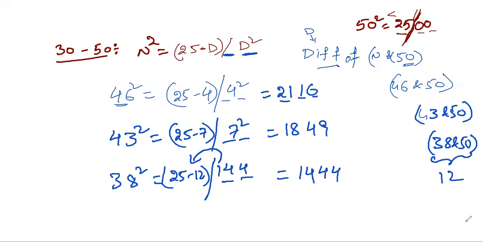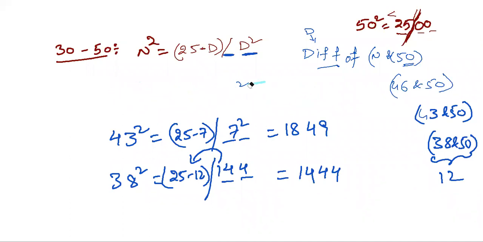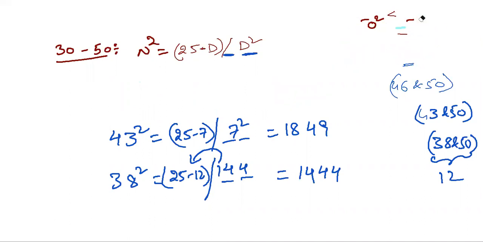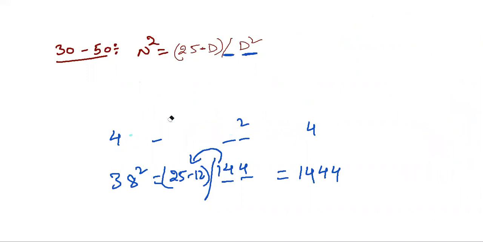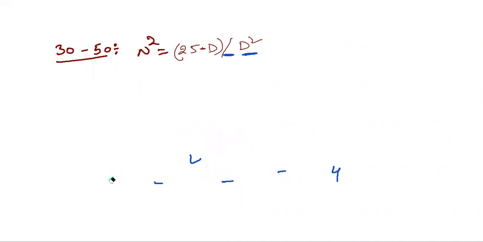So we'll go for the next square numbers, which are from 50 to 75. I'll write here.